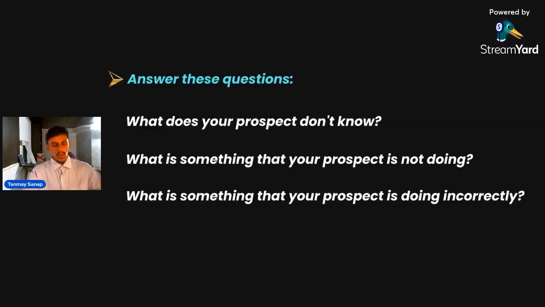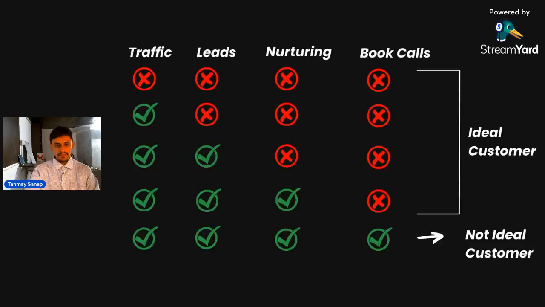Okay. Now, to understand your ideal customers on a deeper level, what you have to do is answer these questions. What does your prospect not know? In my case, for example, my prospect has no idea about how to generate traffic, leads, nurturing, or book calls.